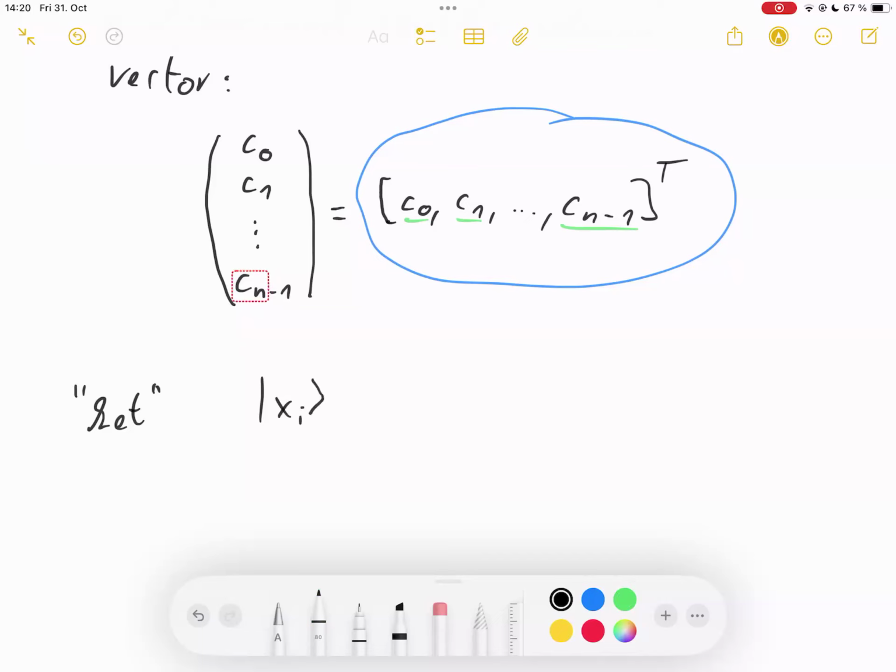So we have this ket notation, and the ket refers to the left and the right end. And this is the so-called Dirac ket notation. It's actually from a bra-ket notation, but we'll see the bras later. Don't worry too much about this symbol, but this simply comes from this bra-ket notation.